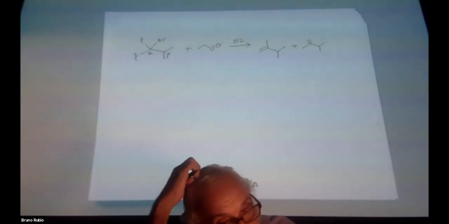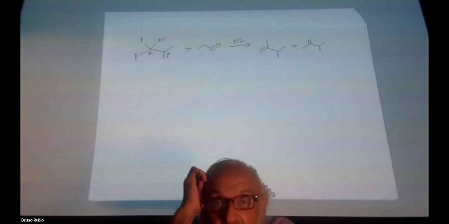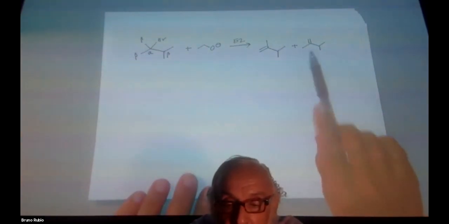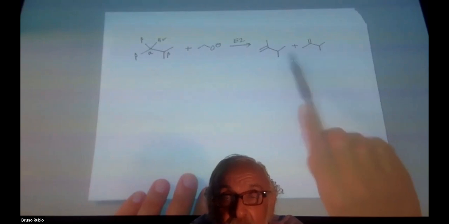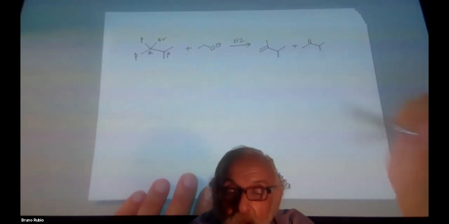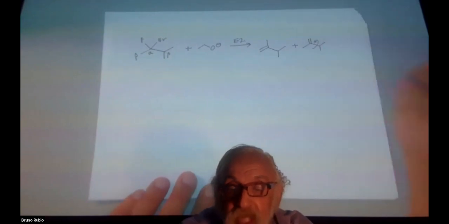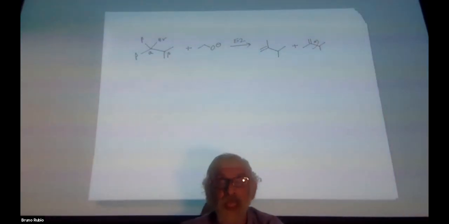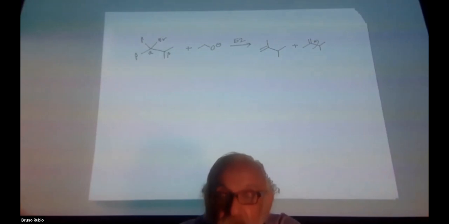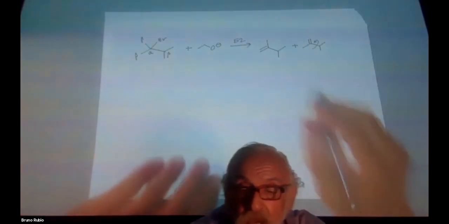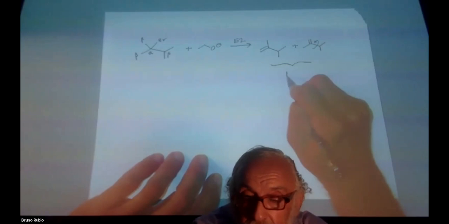That's a new double bond between the alpha carbon and the beta carbon. But I noticed that these two guys are the very same structure. All that has to happen is rotation about this carbon-carbon single bond. So these aren't two different molecules. They're the same. They're identical.